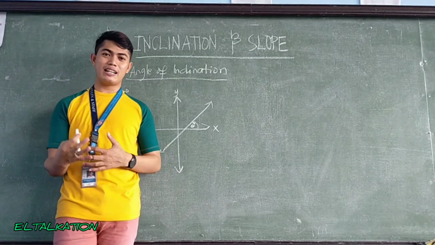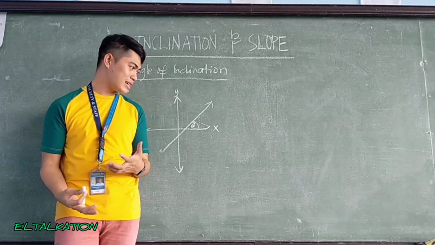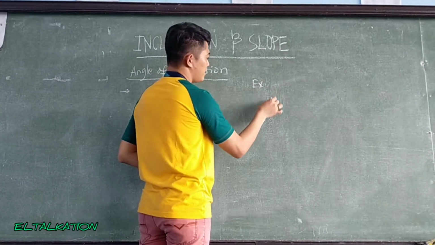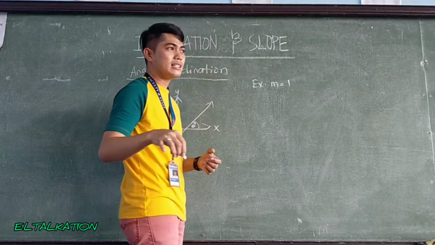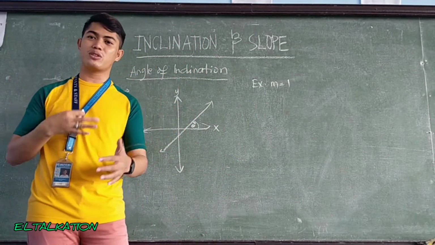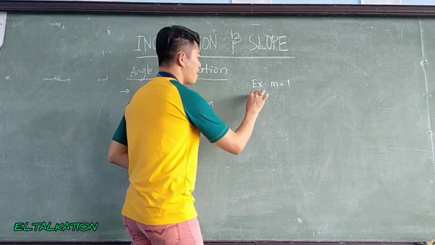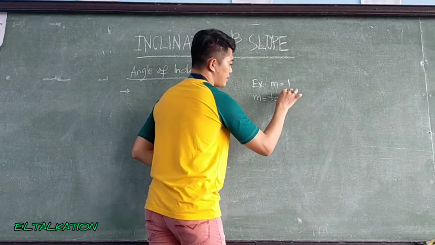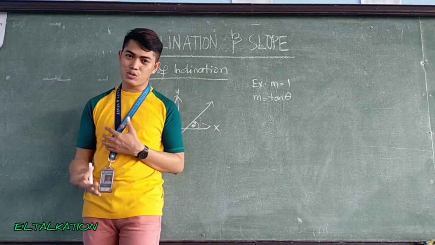So to further understand this one, let us have an example. If we have m, our m is equal to 1. Okay, so what is the formula to get the angle of inclination? We have m equals tangent theta. Okay, so all we have to do is substitute the value.